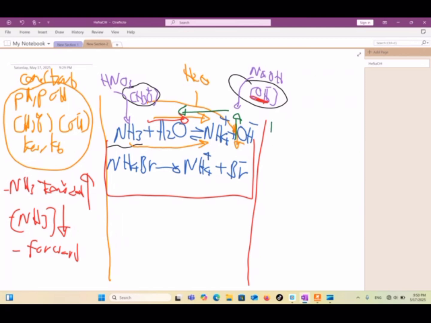Therefore, the reverse direction, the shift toward the reactant side, is favored.